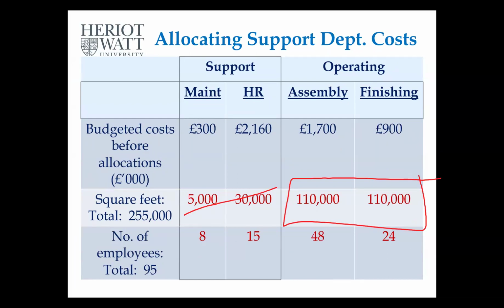Right. So for maintenance, it will be 110 divided by 210 times the cost that you are sharing. Also here, 110 divided by 210 times 300, and you are fine.